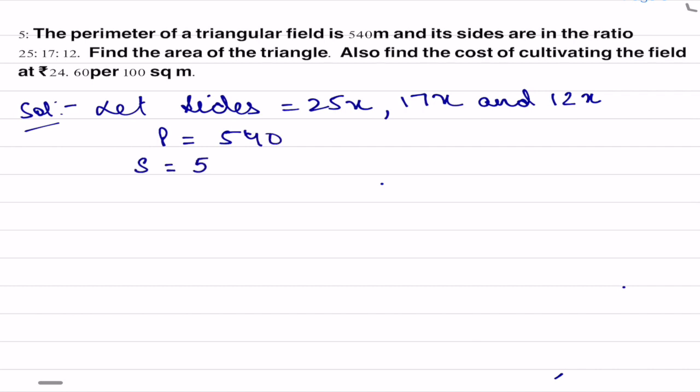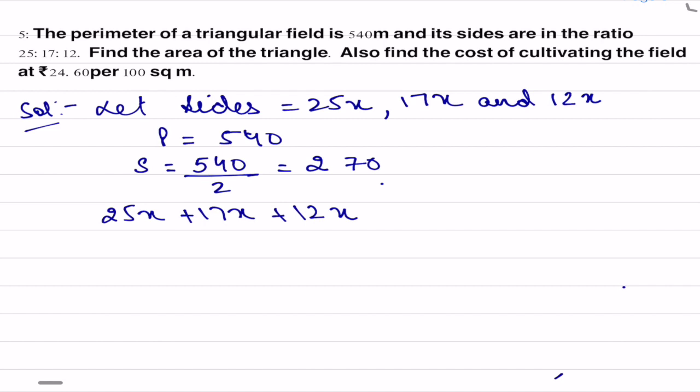Semi-perimeter is 540 upon 2, that is 270. Now see, perimeter means sum of all the sides and we know all the sides are 25x plus 17x plus 12x, which is always equal to the perimeter. So we will substitute the value of perimeter and we will get the value of x. x is 10.